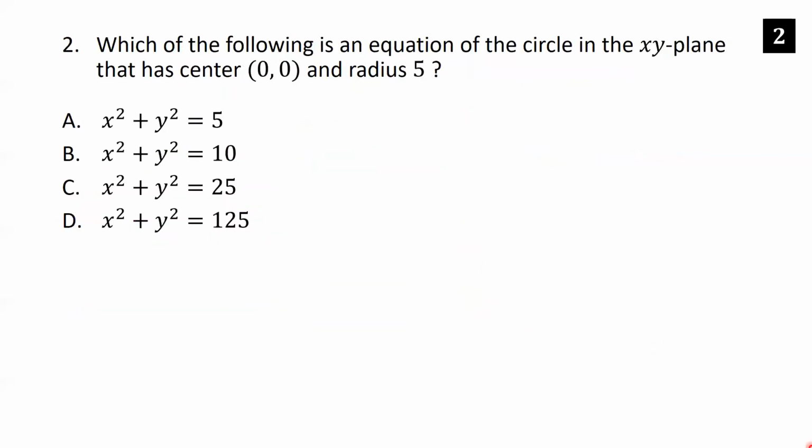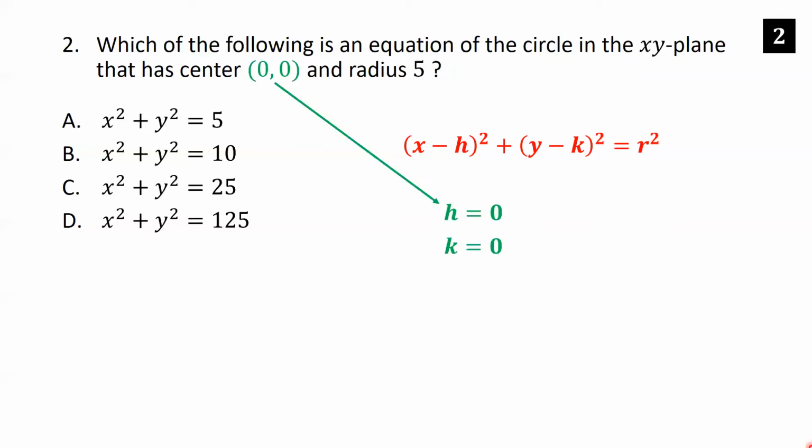Next question. Which of the following is an equation of the circle in the xy plane that has center (0, 0) and radius 5? Okay, once again, let's look at that standard form for the equation of a circle. (x minus h) squared plus (y minus k) squared is equal to r squared. And we could just go ahead and pop the center in there. h is 0 and k is 0 to get (x minus 0) squared plus (y minus 0) squared equals r squared.